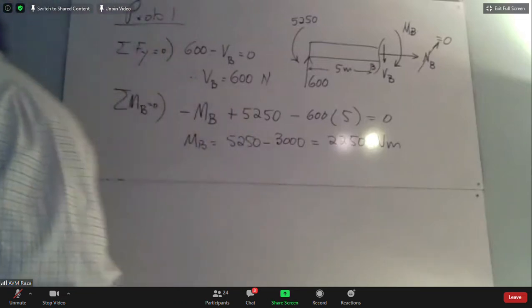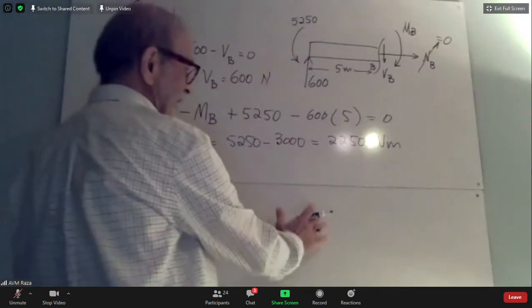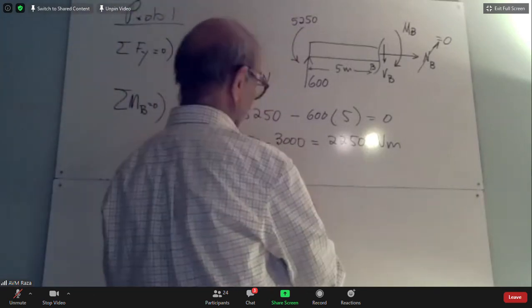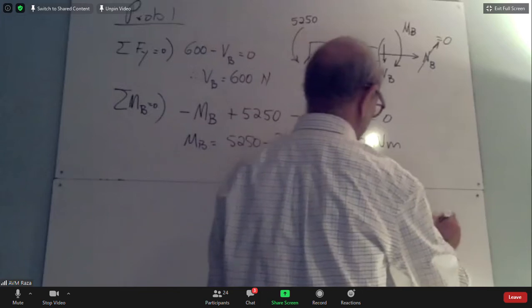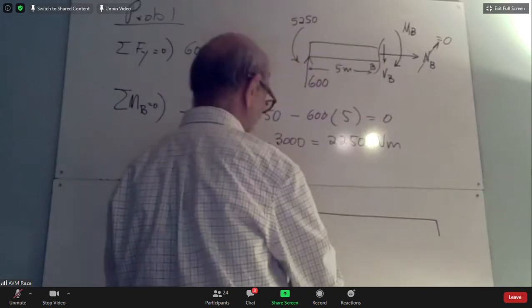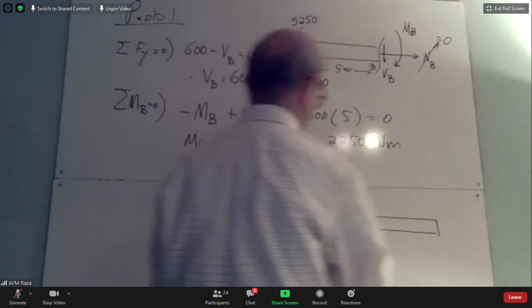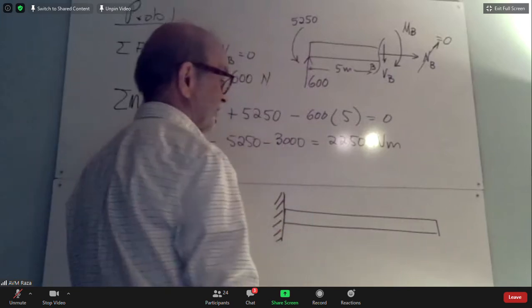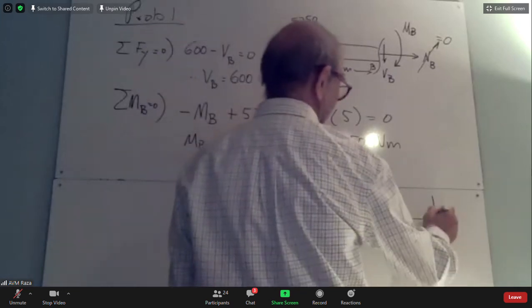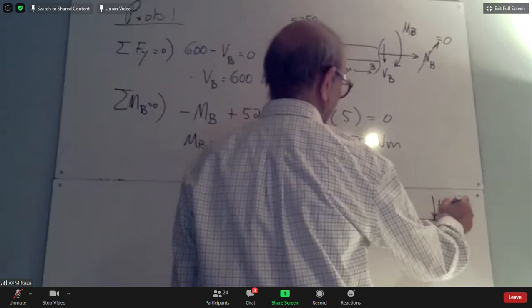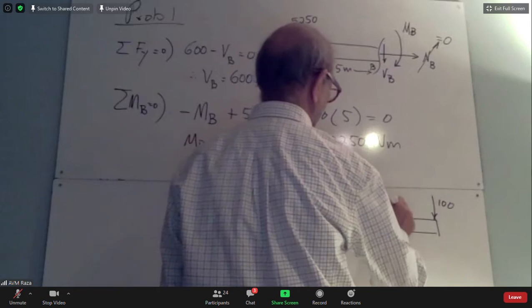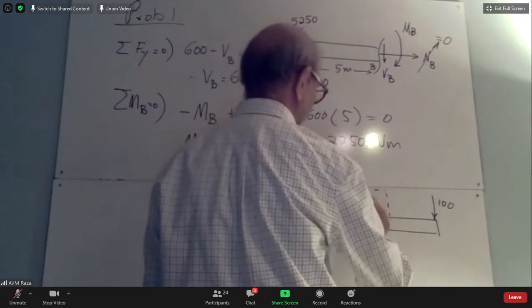Maybe I can show you here. Can you see the lower half of the board? So here's my original beam, and it's fixed on this side, cantilever there. I got 100 there. I got 500 there.